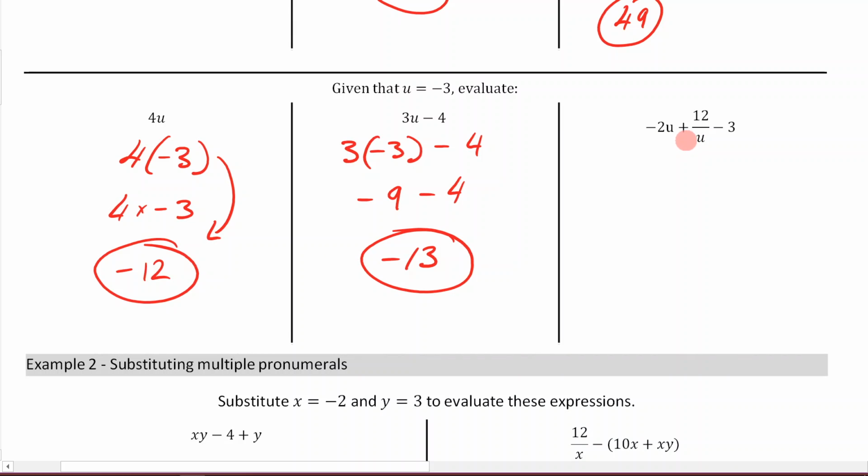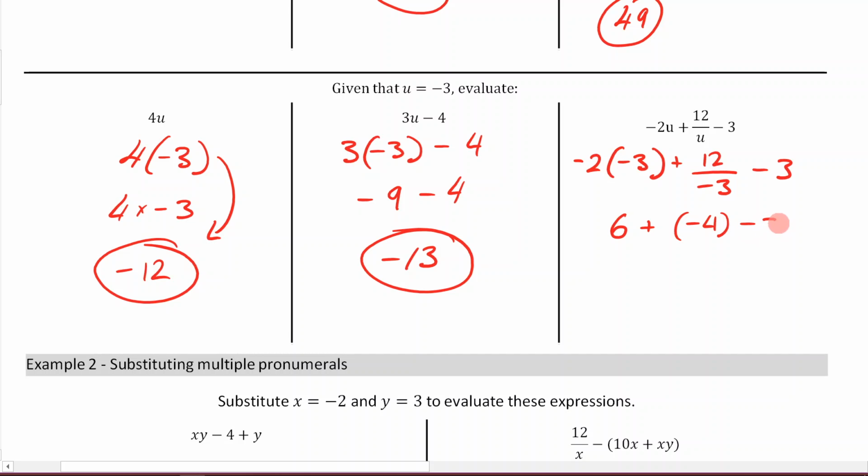So again, remember your first step is simply subbing in this u is equal to -3. So it's going to be -2 times -3, plus 12 over -3, minus 3. This is going to be, okay, this is important, -2 times -3. Because I'm multiplying two negative numbers here, my answer is going to be +6. Now I've got 12 over -3, so that's going to be -4 here, because remember, when you're dividing a positive and a negative, your answer is going to be negative.